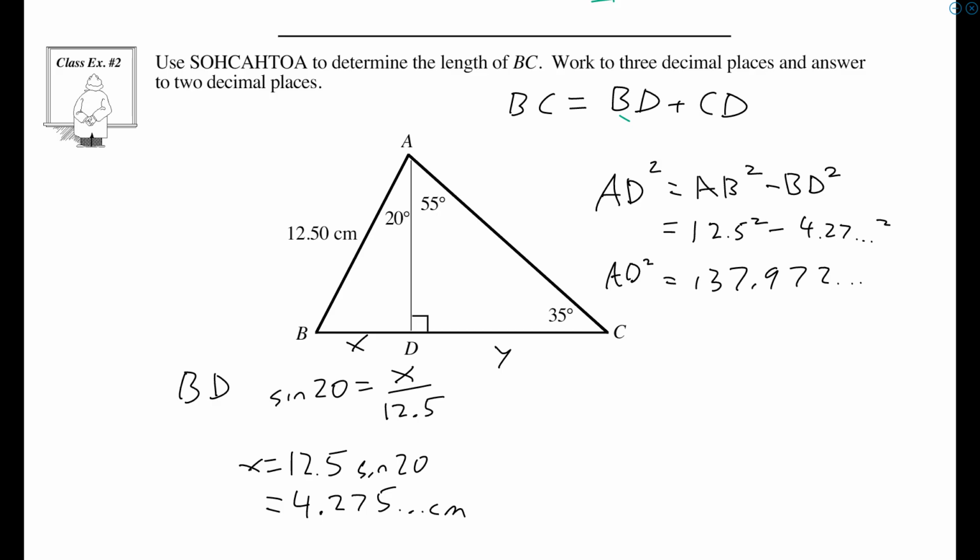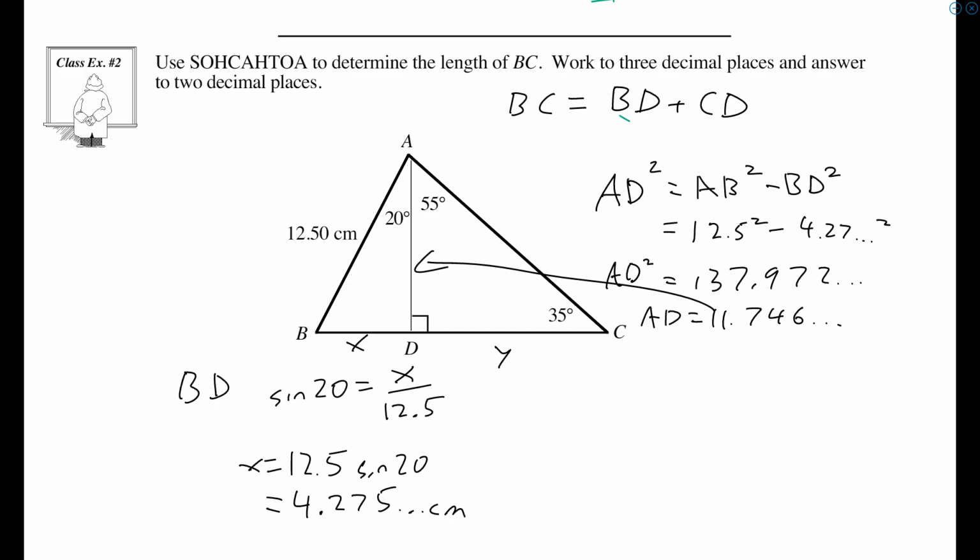So that's my answer for AD, right? No, AD equals 11.746, and so on. So that's this. Okay, now I think I can figure out the next one. I can figure out DC.